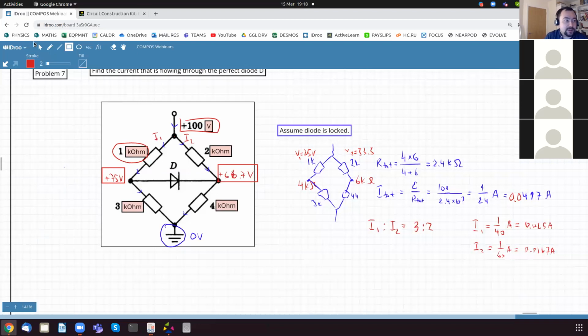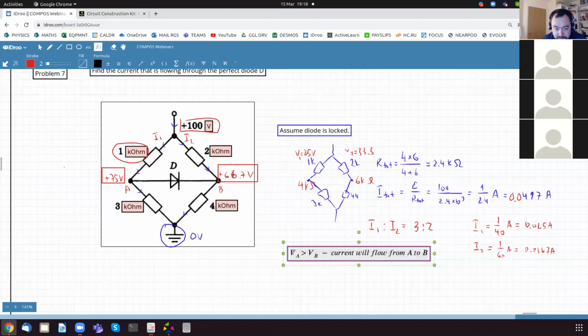Potential at A and B. So potential at A, V at A is greater than the potential at B. That means current will flow from A to B, so the diode cannot be locked.